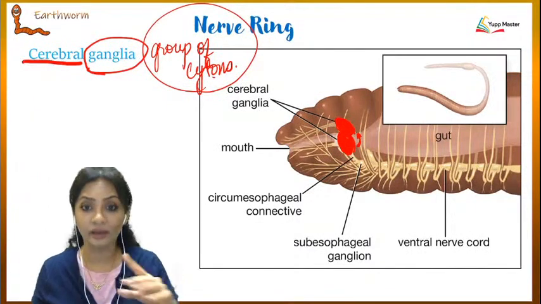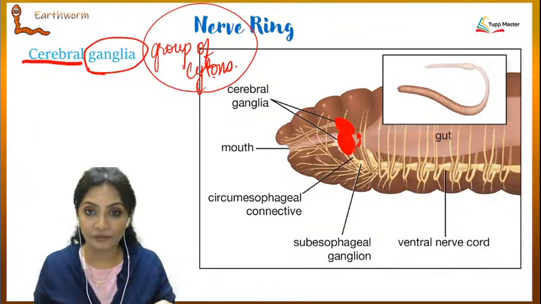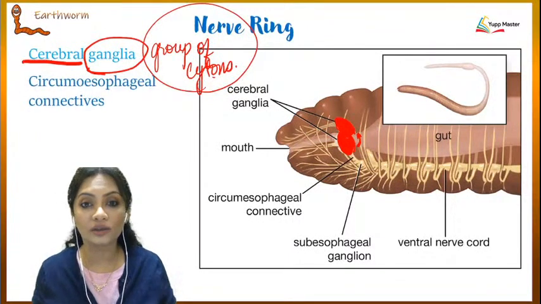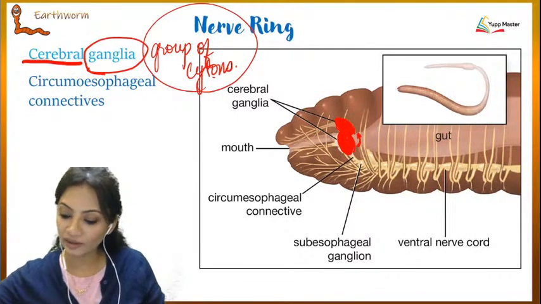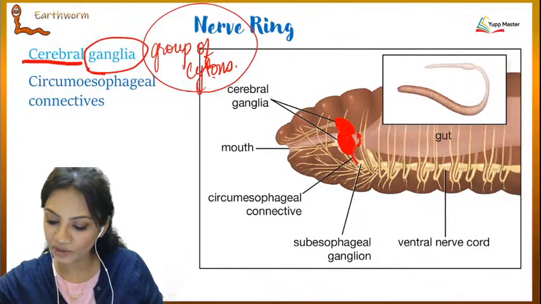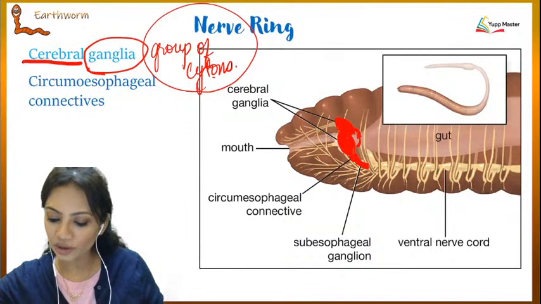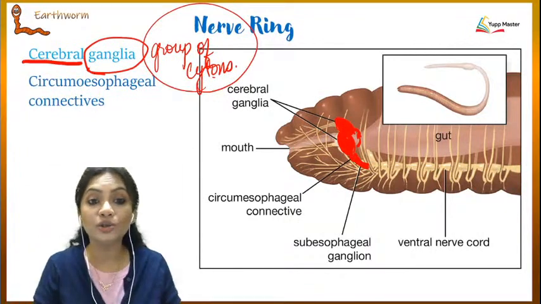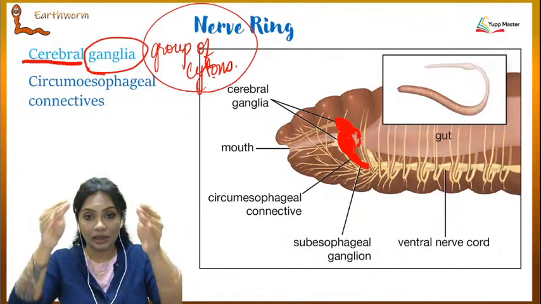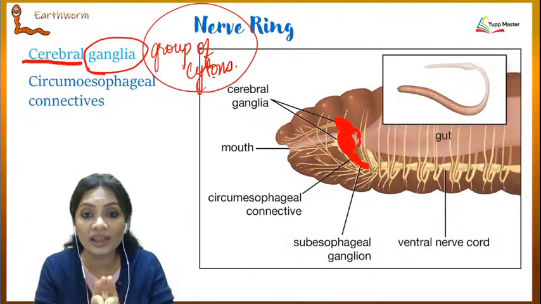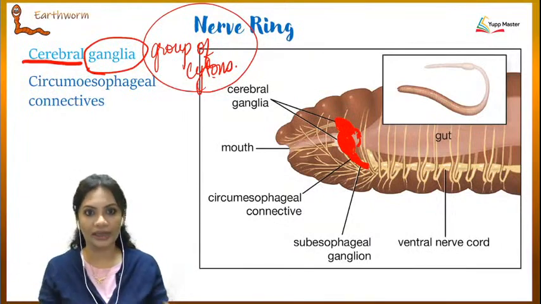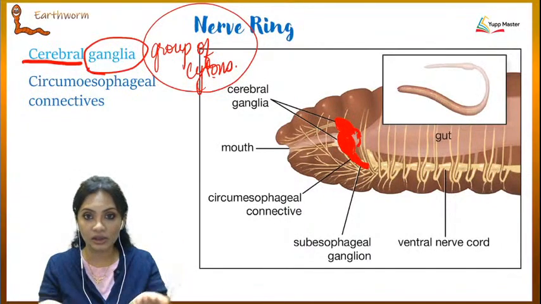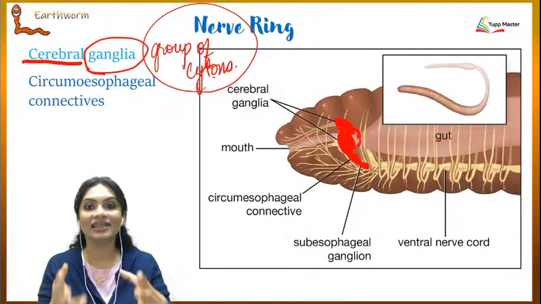Okay, then there is a connective. Look at the course of that connective. Let's see its position. Can you see how it is positioned over here? It is around the esophagus. Because it is around the esophagus, we call it the circumesophageal connectives.